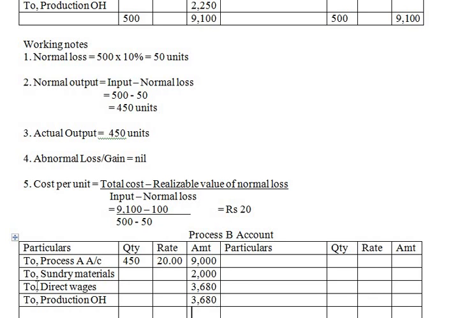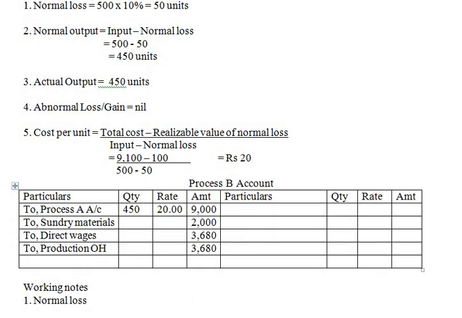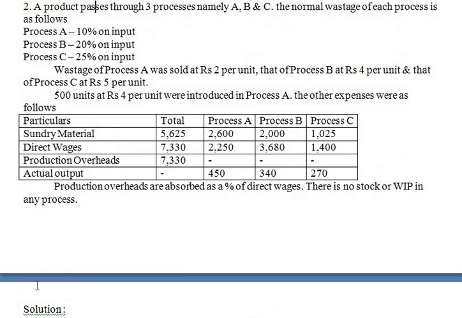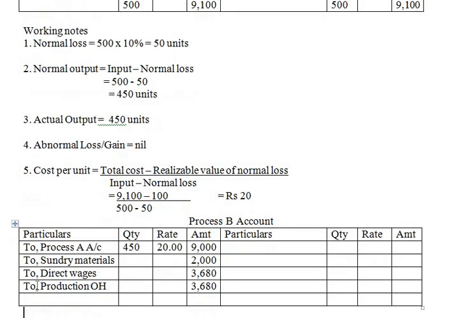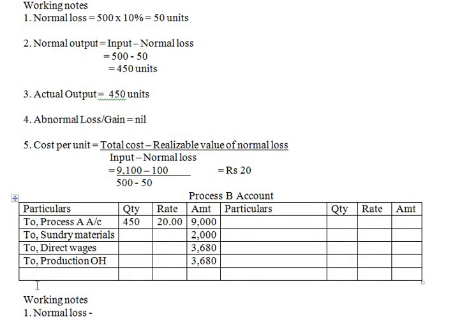Okay, now next thing is we need to calculate normal loss. Go through the problem, normal loss is 20% on input. Input is 450 units for process B. 450 units into 20%, which will be equal to 90 units.